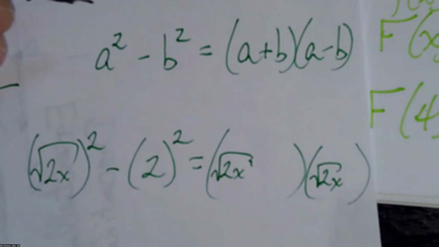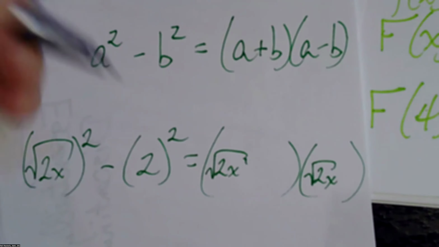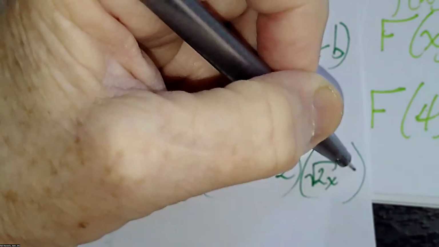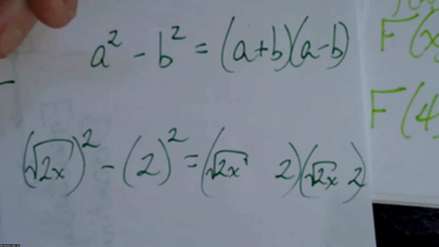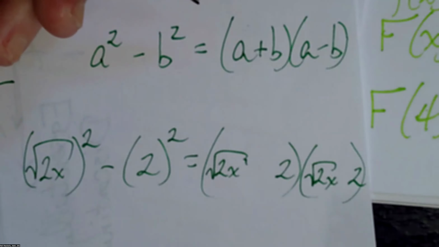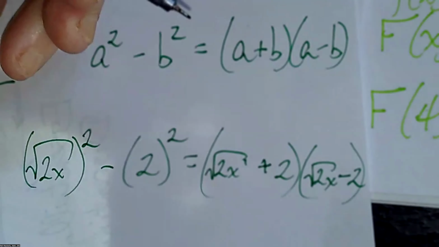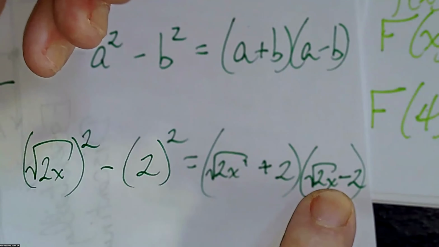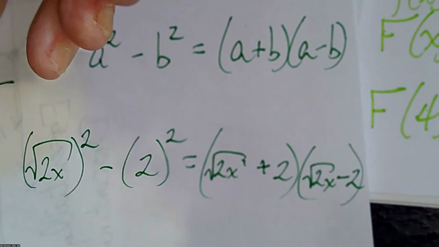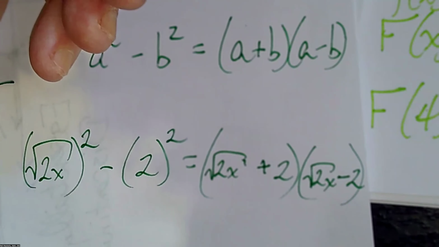And what is b? 2. Good. That'll go in the second spot. What goes between them? One positive, one negative. Very good. Does it matter? Could I put a negative first and a positive second? Yes, because multiplying at the very end.